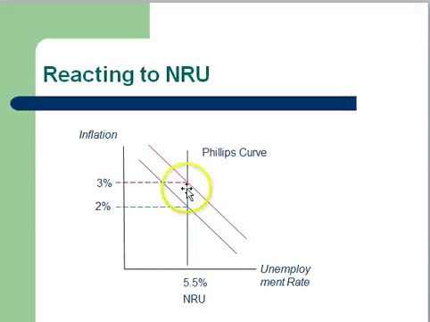So as inflation rises, we'll see some unemployment shifts, and then our economy will reshift back over to our unemployment rate that is actually back at the 5.5%.